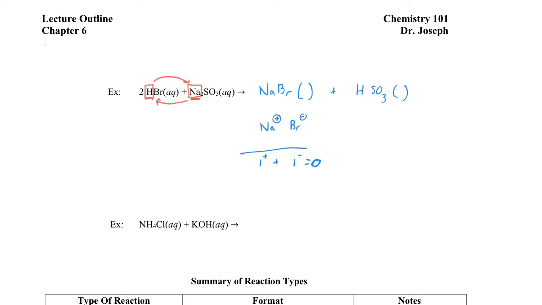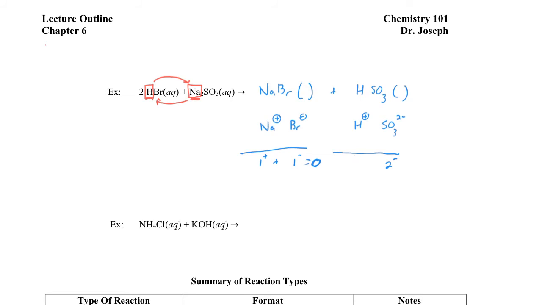All right, let's see if that's true for hydrogen with sulfite. We have hydrogen, which is +1, and sulfite, which is 2 negative. So if we look at this, we have only 1 plus and we have 2 negative. Now, this is not going to equal 0, so we need to change the number of cations.